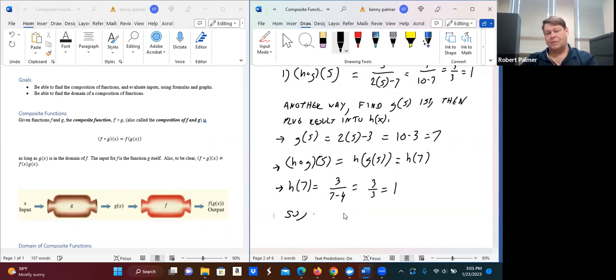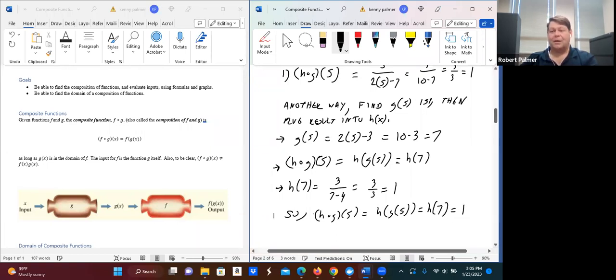Okay, so I'll wrap that up and say, h composed with g of 5 is h composed of g. So the input for h is g of 5, which we said is h of 7, which is 1. We get exactly the same thing.